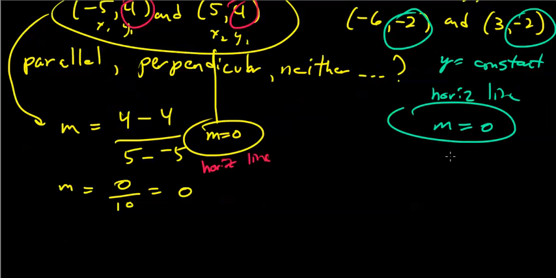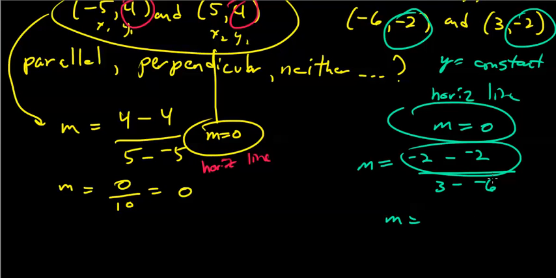If you didn't spot that, you could have ground out the slope from first principles. Slope is y2 minus y1 over x2 minus x1. The numerator turned into a 0 over 9, and again the slope here is 0.